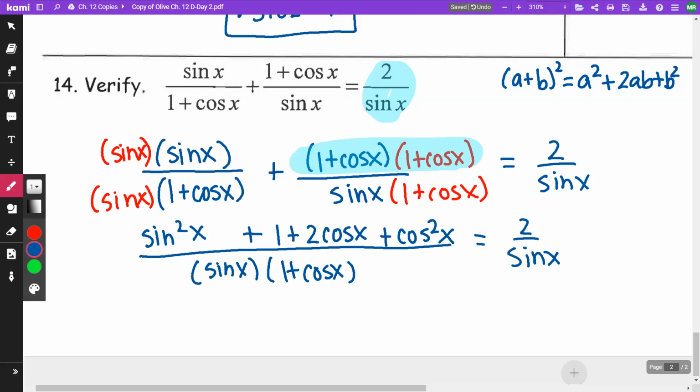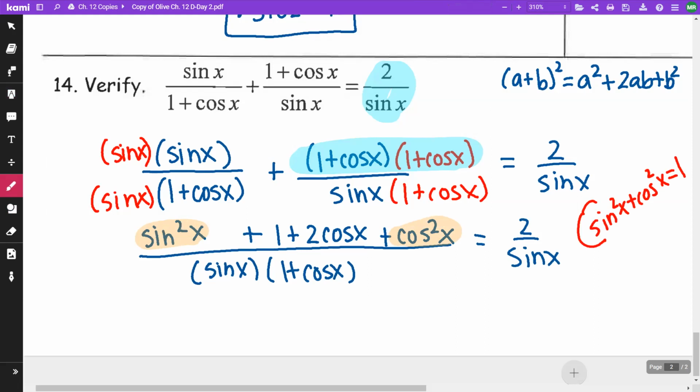Now, the one thing I notice is that I have a sine squared x and a cosine squared x. That is going to equal a 1. Just a little reminder that sine squared x plus cosine squared x equals 1. That is a Pythagorean identity. So those are going to become a 1.